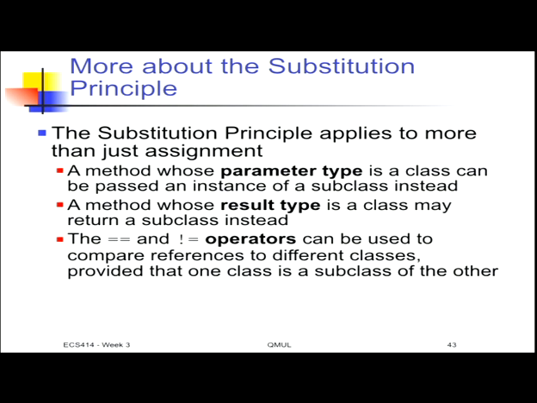It's general: a method that takes as argument something of a type, you can pass to that method an instance of a subtype of that type. So a method that takes a vehicle as argument, you can pass to that method an instance of a car or a bicycle and that will work.